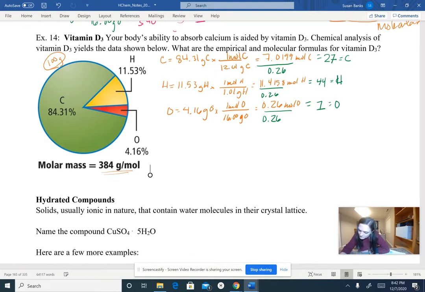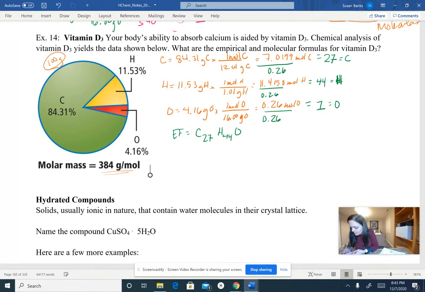So my empirical formula is going to be C27H44O.